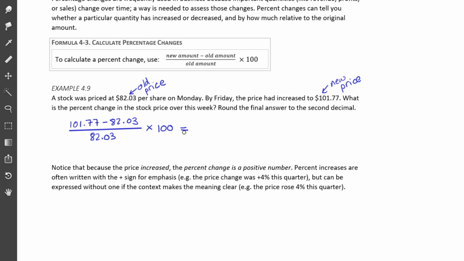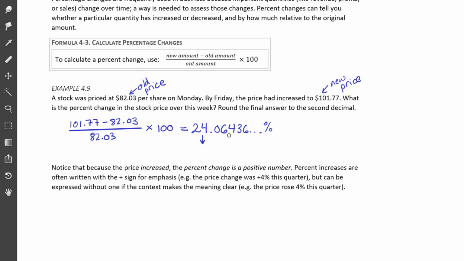They cancel out. So we're just going to use the numbers. And we get a number with more decimals than 2, 24.064336... We're going to round this to the second decimal place. So we're rounding to the hundredths place.